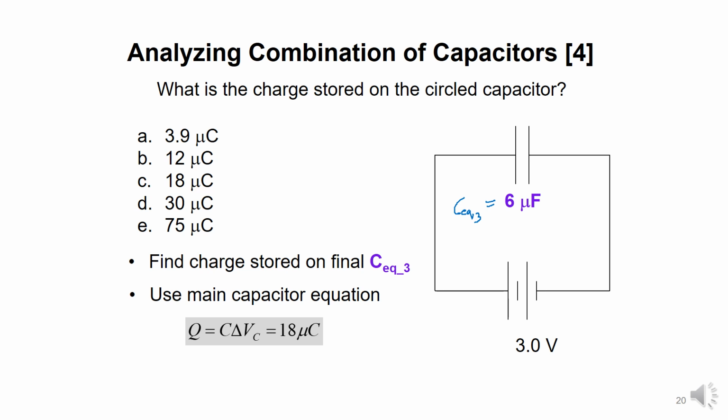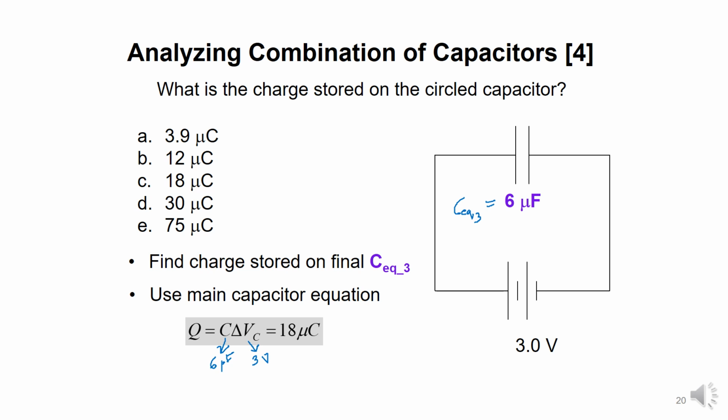Okay, so here put the numbers on the slide. So C equals 6 microfarads, delta V equals 3 volts for the battery, and we end up with a charge of 18 microcoulomb. Okay, so that's the amount of charge stored in all the capacitors together.